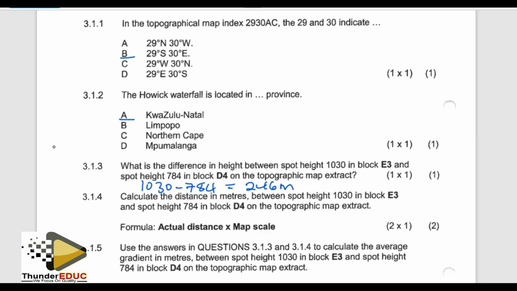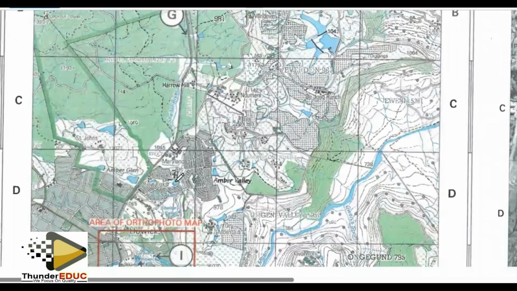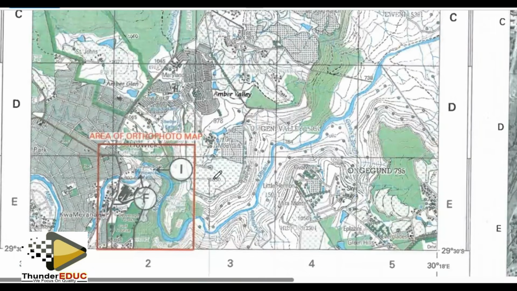Then 3.1.4: calculate the distance in meters between spot height 1030 and spot height 784 in block D4 on the topographic map. So let's go to block E3 and block D4. This is E1, E2, E3, so we are here. This is our spot height, which is 1030.